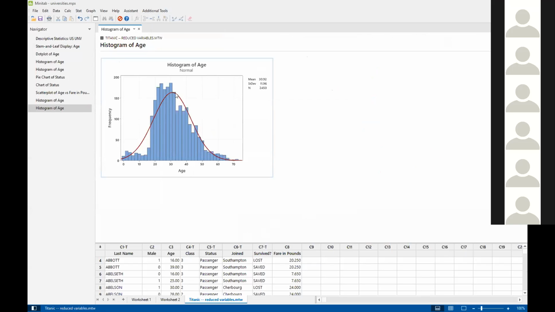By doing this, I get the histogram and the fitted curve, and I can see the mean and standard deviation. So now I want to do mu plus sigma and mu minus sigma. The mu is 30.92, plus 11.96.